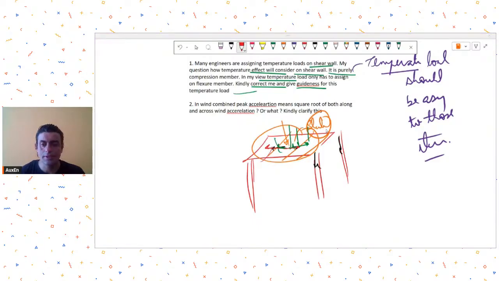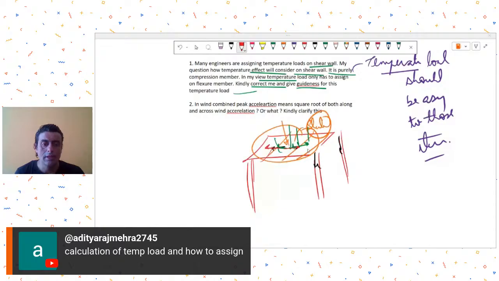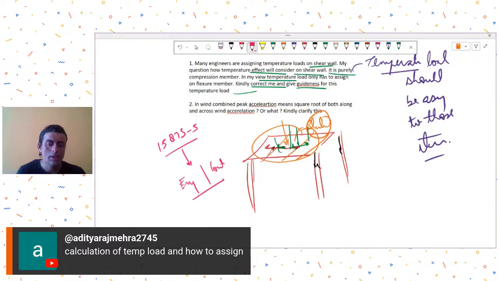Mr. Aditya Raj Mehra is asking about calculation of temperature load and how to assign it. Mr. Aditya, I think in the steel design course that you have taken, we have discussed the application of temperature loads. So you may refer to those sessions. There is a method given in IS 875 Part 5 where we assign the temperature loads which will create expansion and contraction over and above the ambient temperature.